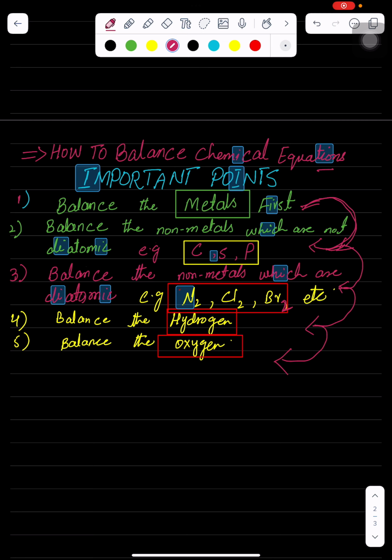Otherwise, balance the diatomic non-metals, meaning N2, Cl2, Br2. If they are present, balance them. Otherwise, move to the next step: balance hydrogen and then oxygen. Follow these steps in order and you will find it very easy to balance your chemical equation.